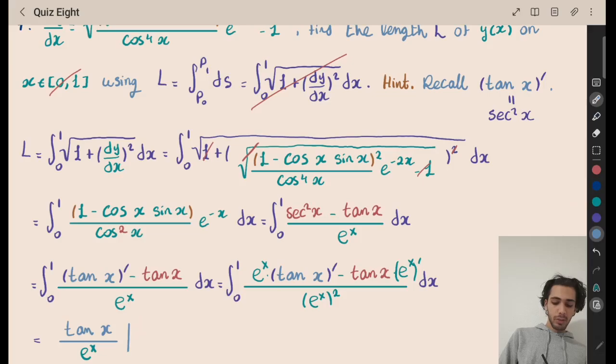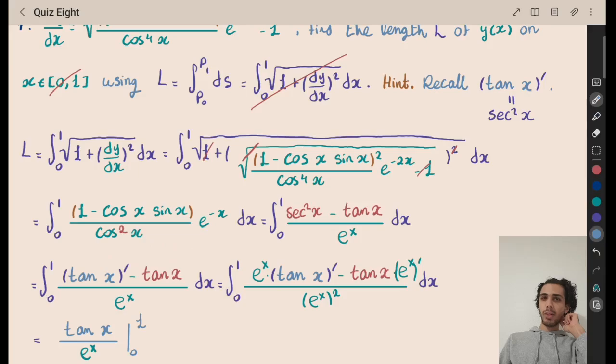I hope I was able to motivate this as much as I can, because this is a bit difficult to see. We have an integral. Something is being taken the derivative of, and then it's the same thing but without the derivative. And then you're dividing by something.